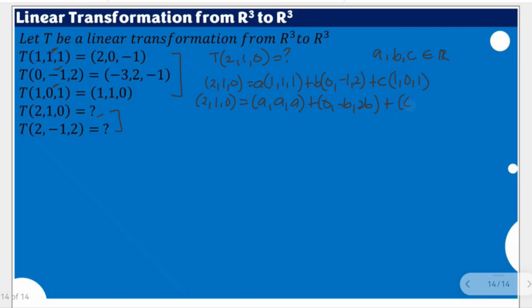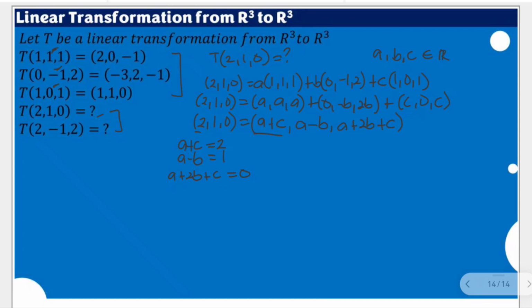You have C, 0, and C. Then you will have here (2, 1, 0) equals A plus 0 plus C, A minus B plus 0, and A plus 2B plus C. After this, according to the corresponding entries, A plus C equals 2, A minus B equals 1, and A plus 2B plus C is equal to 0.